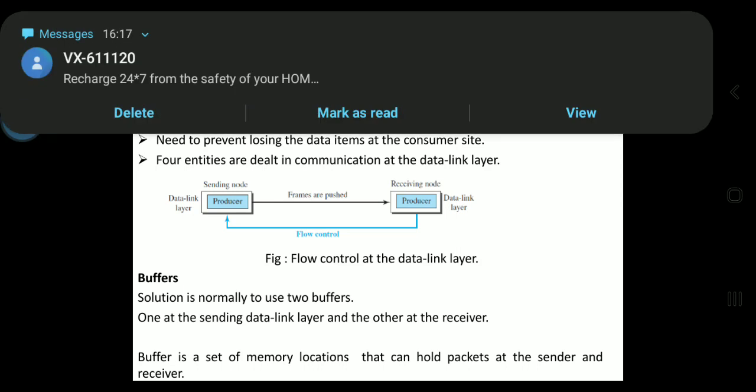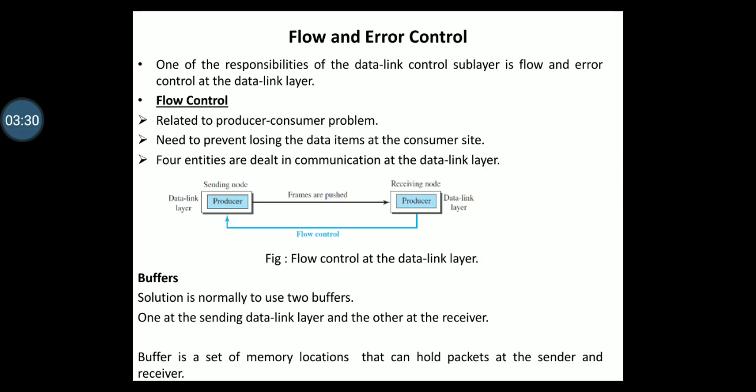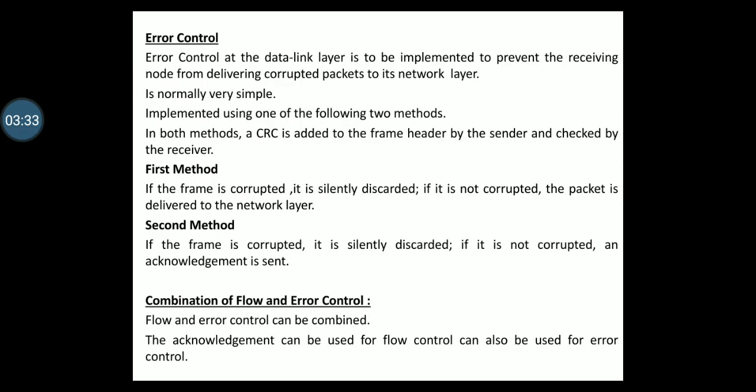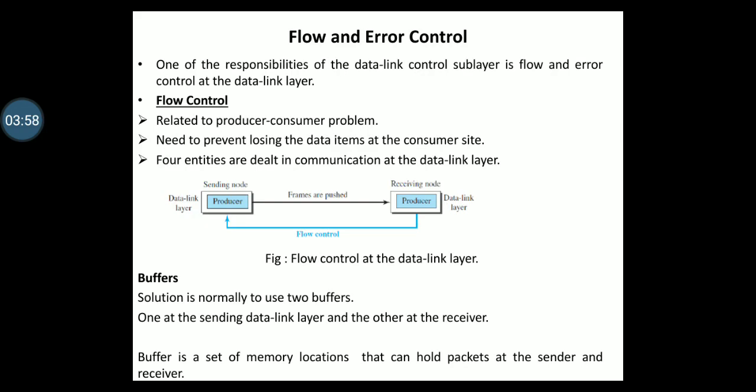Flow control can be implemented in several ways, but one of the solutions is normally to use two buffers: one buffer at the sending data link layer and another at the receiver.